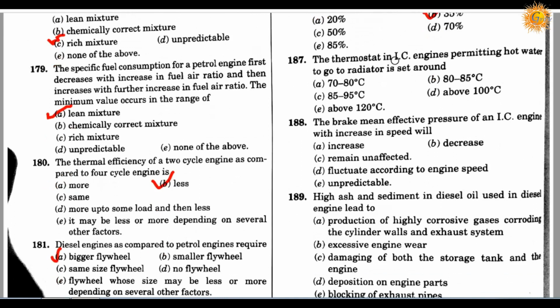The thermostat in IC engines permitting hot water to go to the radiator is set around: option A, 70 to 80 degrees centigrade; option B, 80 to 85 degrees centigrade; option C, 85 to 95 degrees centigrade; option D, above 100 degrees centigrade; option E, above 120 degrees centigrade.